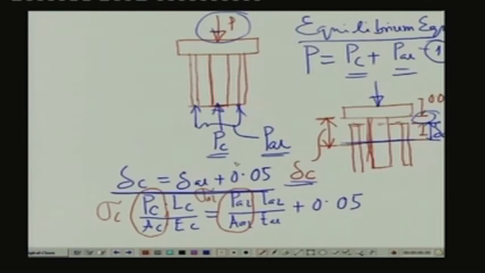Hence, this compatibility equation in terms of stresses we can write as sigma C times L_C divided by E_C is equal to sigma aluminum times the length of the aluminum divided by E of aluminum plus 0.05.